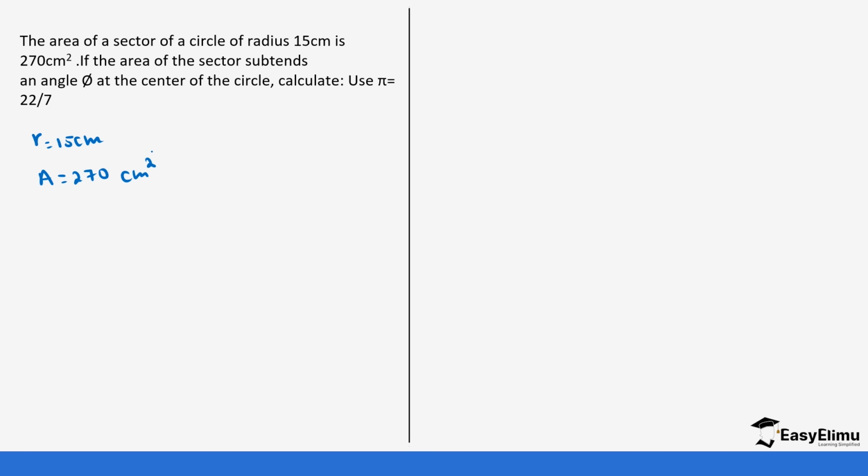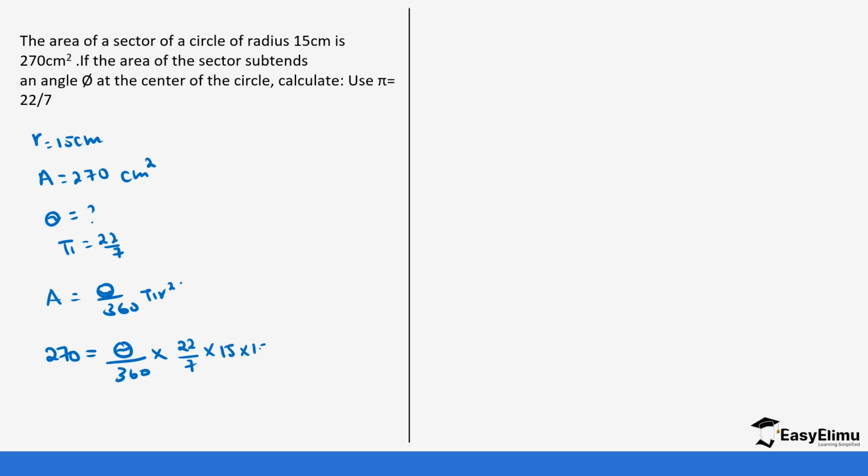If the area of the sector is subtended at an angle, which we have not been given, calculate the angle, with pi given as 22/7. So we said area is the angle over 360 times pi r squared. The area now is 270 is equal to the angle over 360 times 22/7 times 15 times 15.